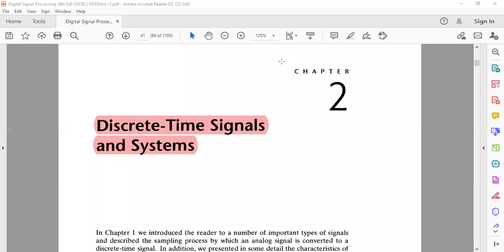We looked at the structure of a digital signal processing system, moving from the analog signal to how it is converted by the analog to digital converter and how it can be processed and then converted back to an analog signal.